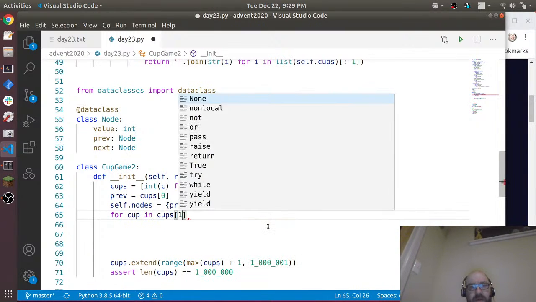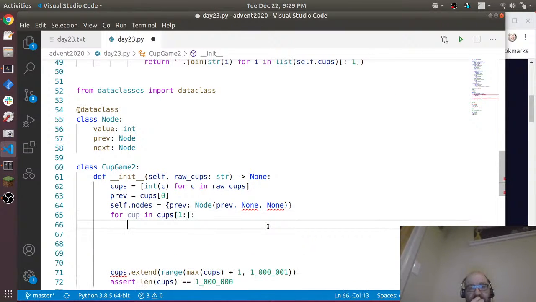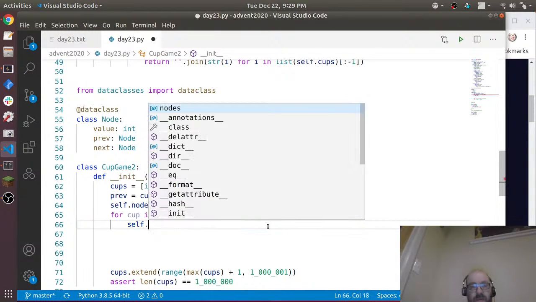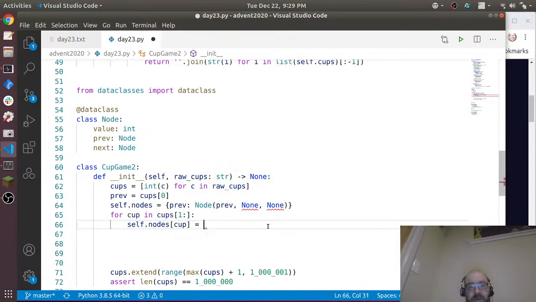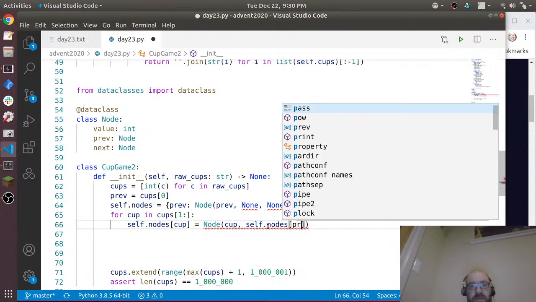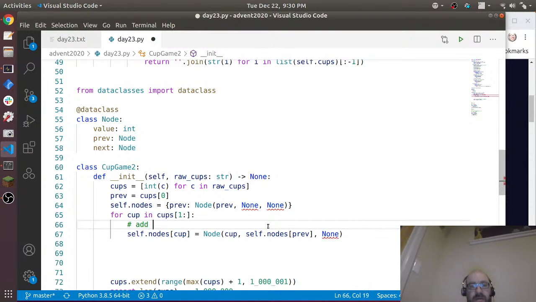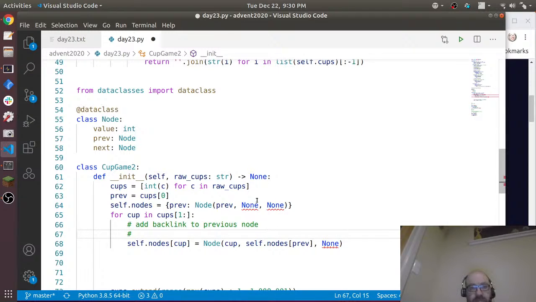For cup in cups 1, let's say self.nodes cup equals Node of cup, self.nodes prev and None. So add backlink to previous node, and let's say initial equals prev.